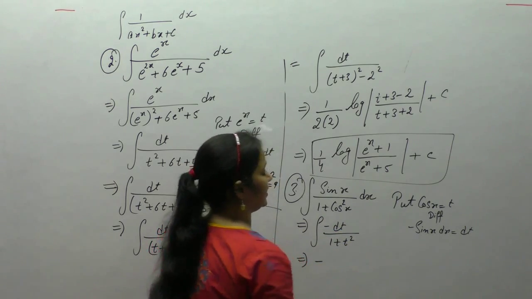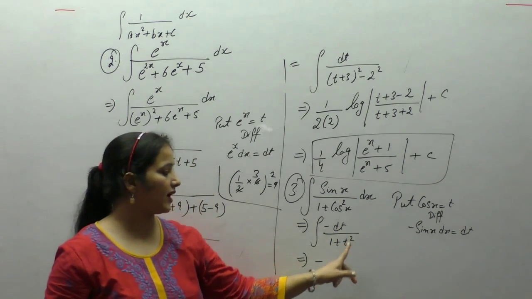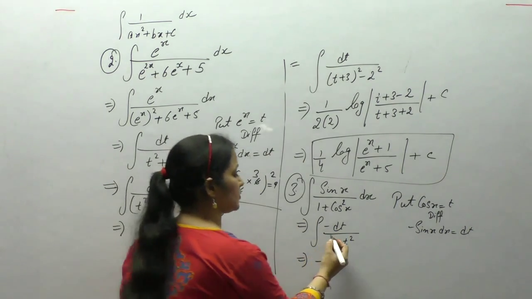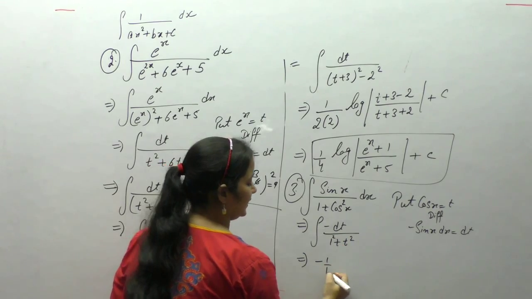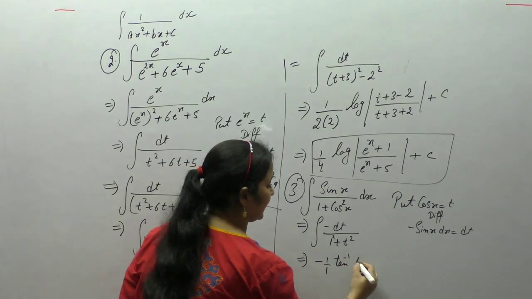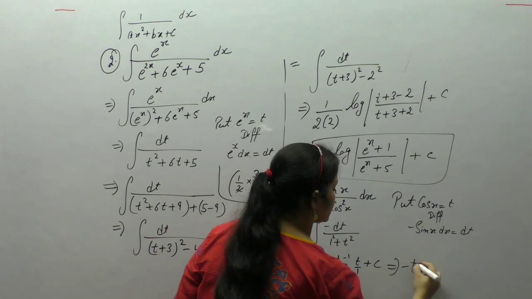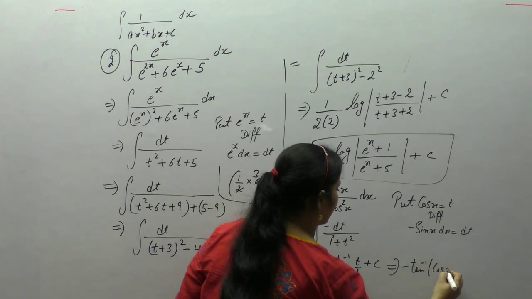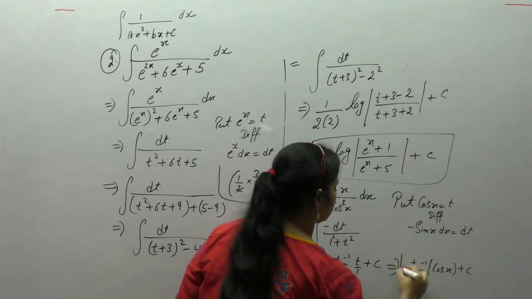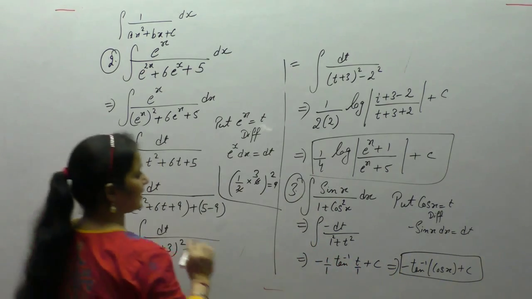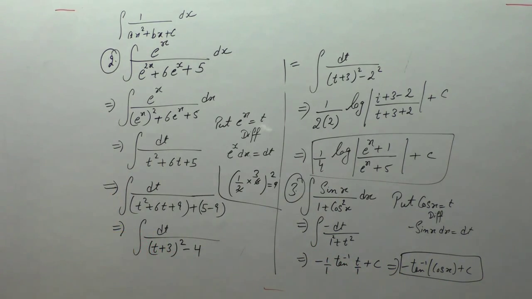Apply the formula here: the integral of 1 upon x square plus a square is 1 upon a tan inverse x upon a. The answer is minus tan inverse of cos x plus c.